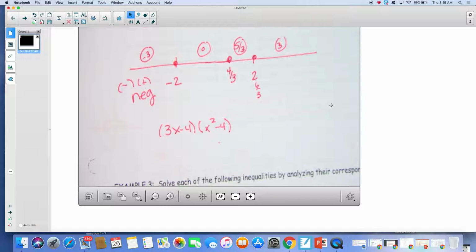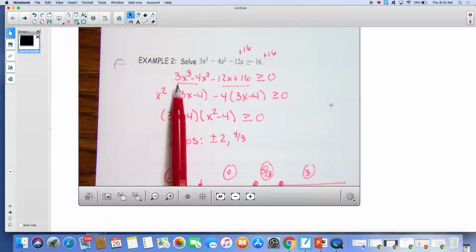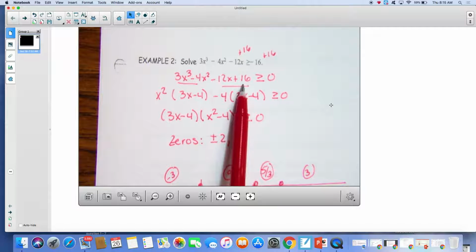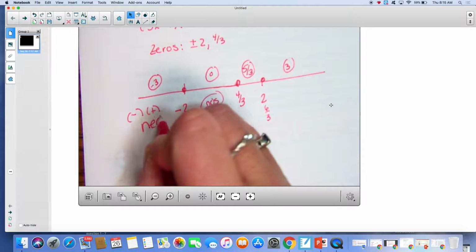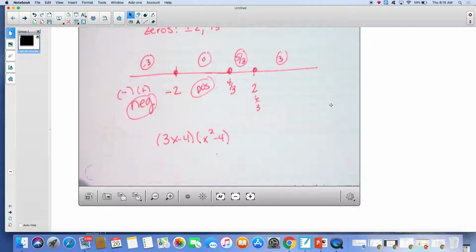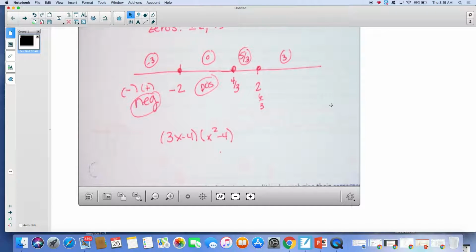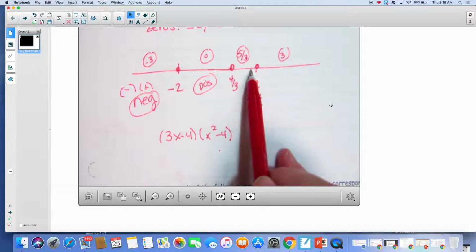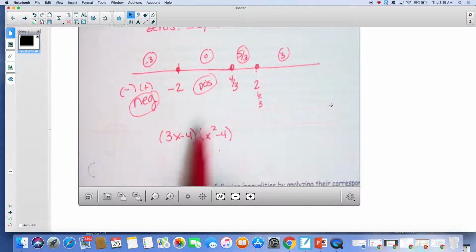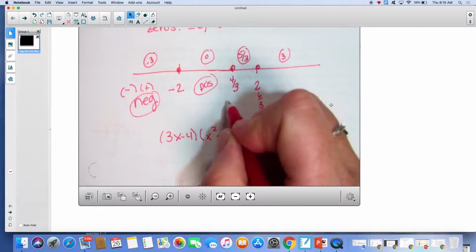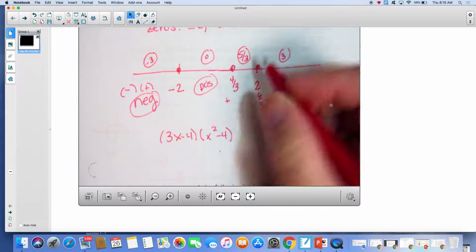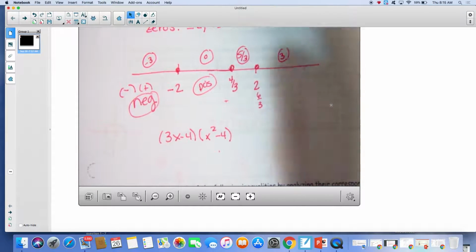When you plug in 0, go right back up here. What do you get? 16. So this one's positive. Five-thirds. Well, 3 times 5/3 is what? 5. So that's positive. That's what we have right here.